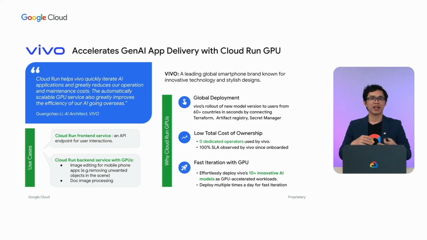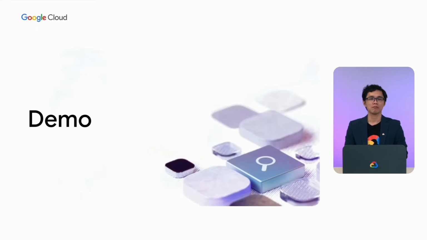The ability to scale fast and scale to the great enterprise level improves the performance and reliability of the application, enabling Vivo to expand their business overseas efficiently. In the next section, let's see Cloud Run AI applications in action through two demos.